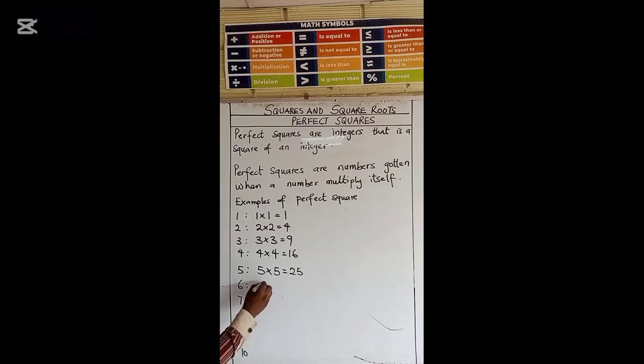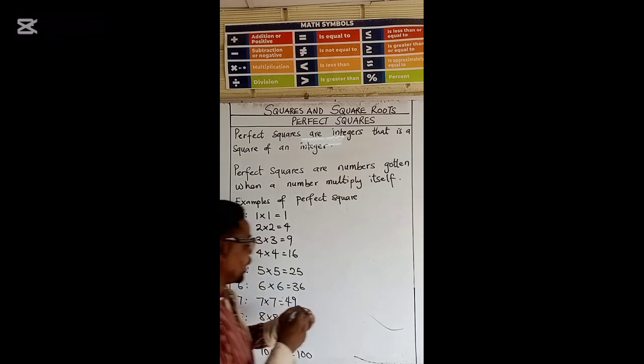We have 6. 6 times 6 will give us 36. And 7. 7 times 7 equals 49. Then 8. 8 times 8 equals 64. Then 9. 9 times 9 equals 81. And 10. 10 times 10 equals 100.